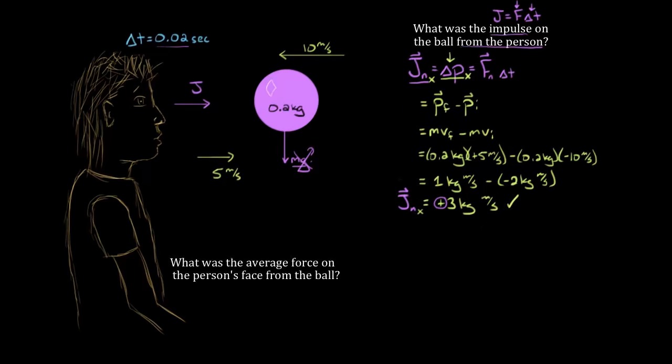Now let's solve one more problem. Let's say we wanted to know what was the average force on this person's face from the ball. Well, we know the net impulse on the ball. That means we can figure out the net force on the ball because I can use this relationship now.